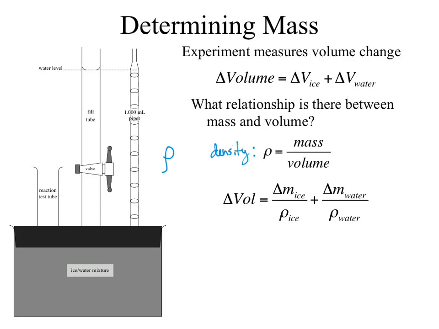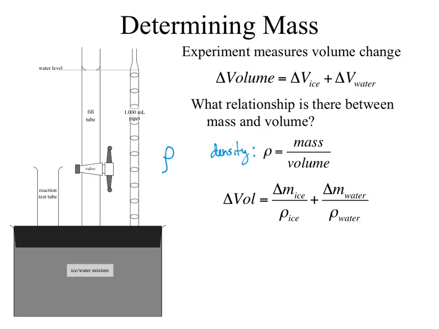So the change in volume in our experiment is going to be due to the change in volume of our ice plus the change in volume of the water. Is the density of ice and water the same? No. How do we know it's different? Ice floats. So it's less dense than water.